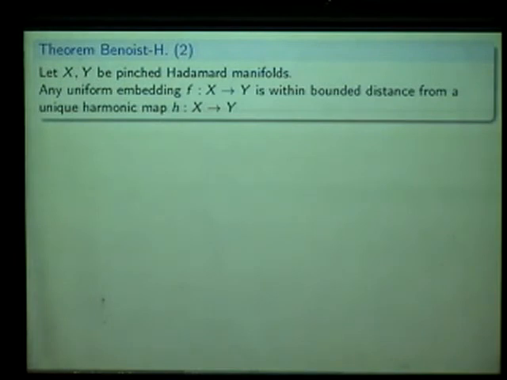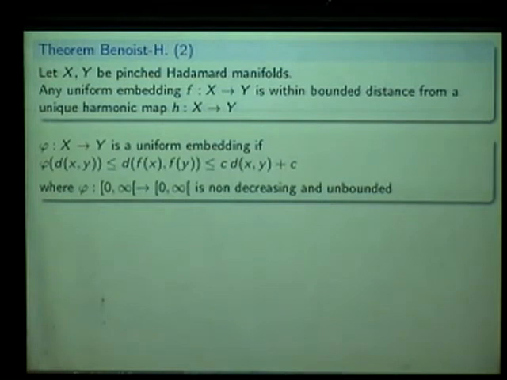Our second theorem is a generalization of our first one. The setting is the same: X and Y still are pinched Hadamard manifolds, and now F is a uniform embedding from X to Y. And the fact is that F is within bounded distance from a unique harmonic map. So what is a uniform embedding? At this point, I have to admit that I totally blew it, because I tried to use the same vocabulary as Pierre, and I failed.